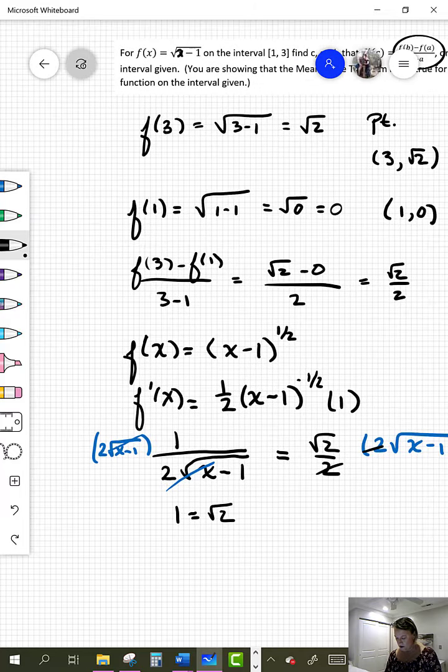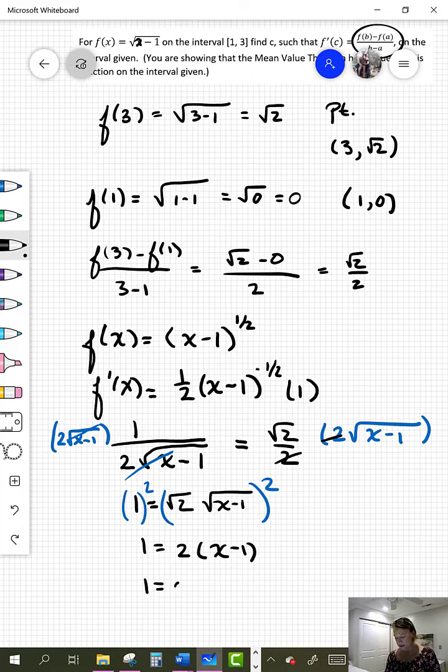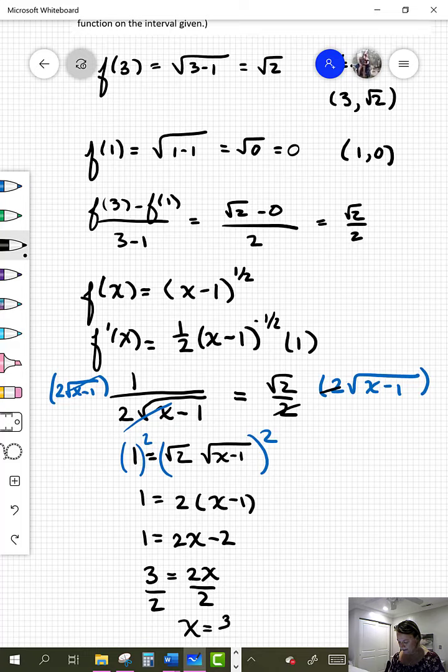So let's square both sides of our equation. So we get 1 is equal to 2 times the quantity x minus 1. So I get 1 is equal to, distributing our 2, 2x minus 2. Add 2 to both sides. We get 3 is equal to 2x. Divide both sides by 2. We get x is equal to 3/2.